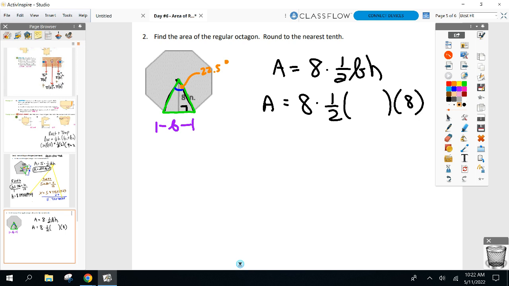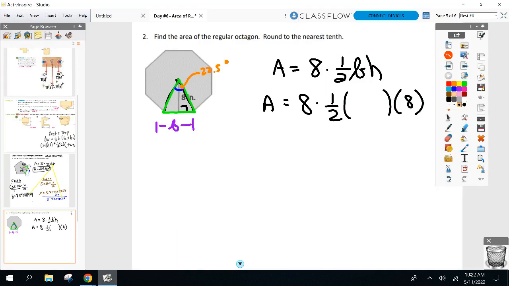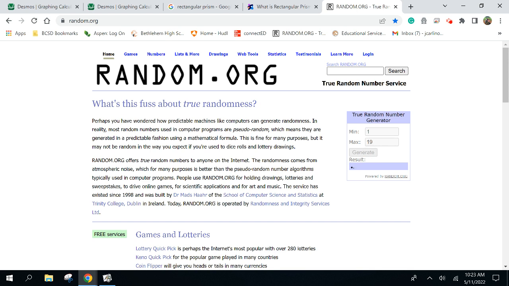Opposite, adjacent, hypotenuse. What's the 8 to the 22.5? Adjacent, yes. The 8 is the adjacent side. And what about the side part of the base across from it? This part here I'm going to need to find. That's the what side? Hypotenuse or opposite?